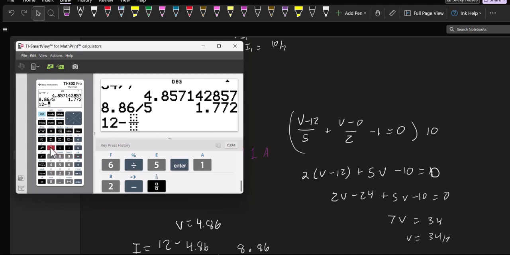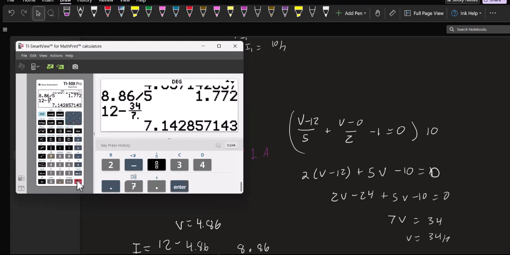Minus 34 over 7, 7.14. So I subtracted wrong.